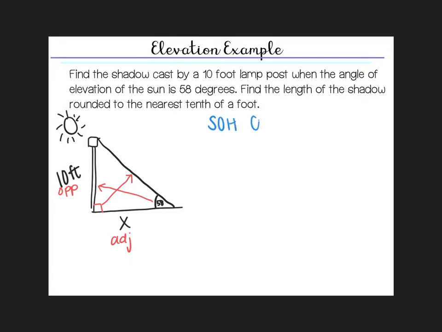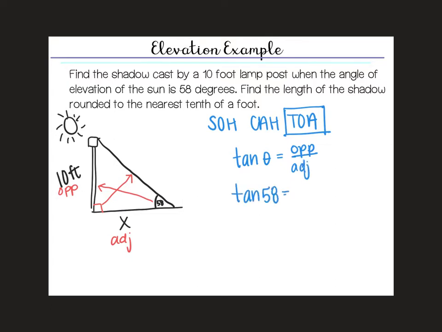You can use the trick SOHCAHTOA to figure out which one you would need to use. In this example, I have opposite and adjacent, which would be tangent. So I start filling in my formula. Remember, theta represents the angle, so tan 58 equals the opposite side is 10, the adjacent side is x.